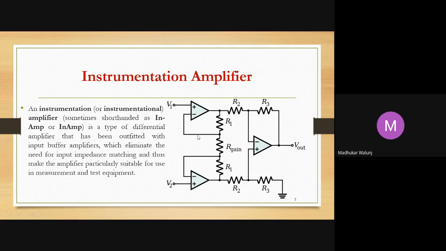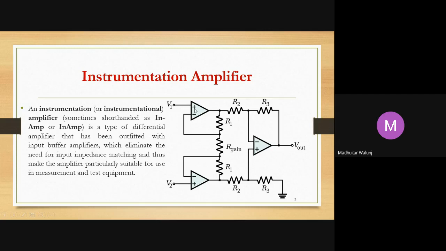If you talk about this particular circuit, the input is connected to the positive terminal and there is a feedback having only the R1 resistor. If you see the formula for the non-inverting amplifier, the gain is 1 plus Rf upon R1. Here R1 is only present, we can call it Rf, and Rin is absent.